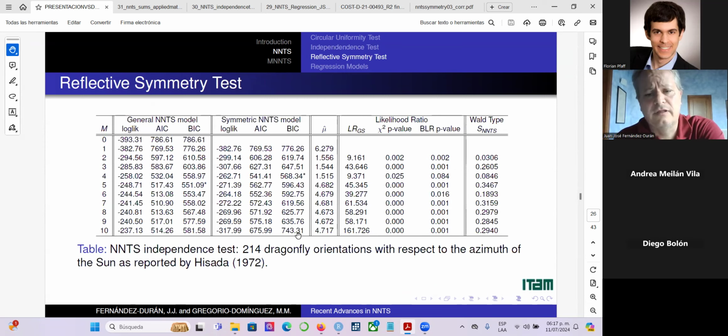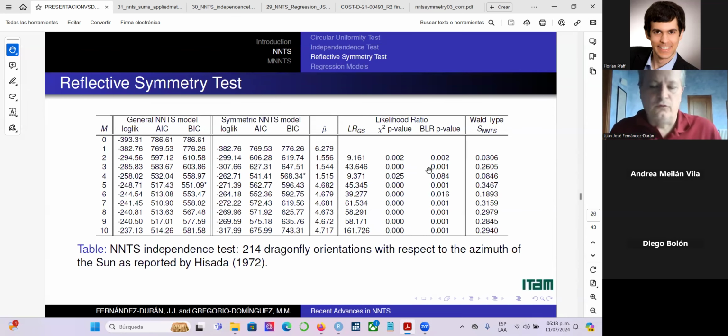For example, in the case of the famous data set on dragonfly orientations, which is very much discussed, when you apply the test in the model chosen by the Bayesian information criterion, you find that the p-value in the asymptotic case is 2.5%, and in the case of the bootstrap likelihood ratio the p-value is 8.4%, not rejecting the null hypothesis.